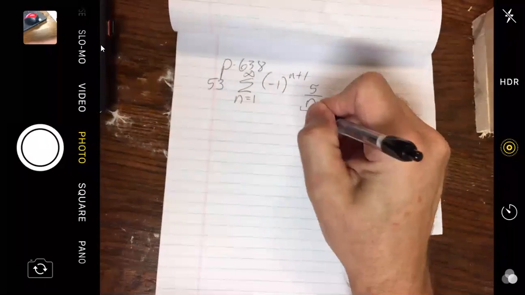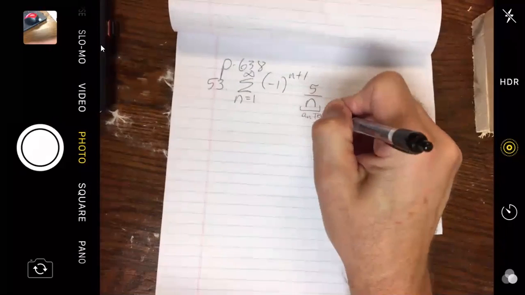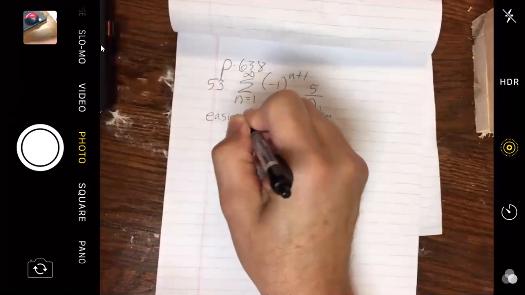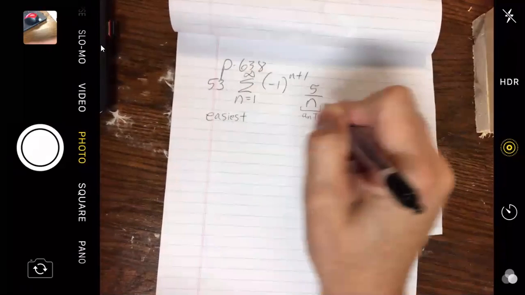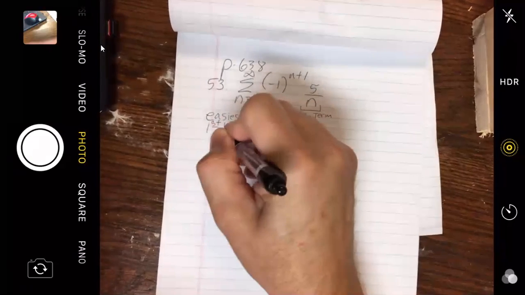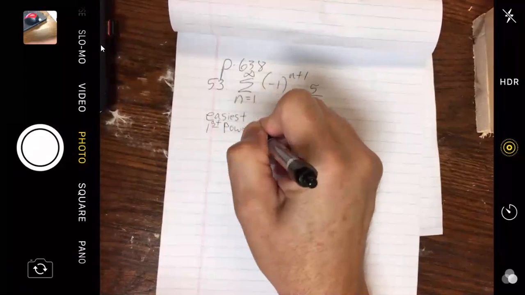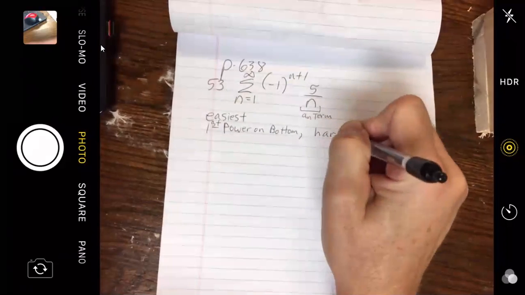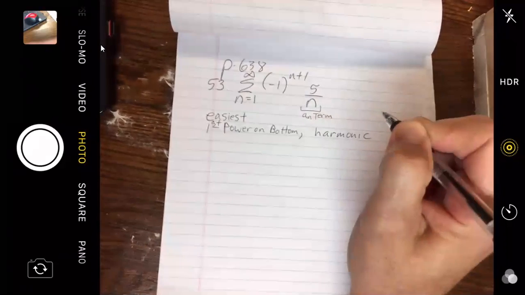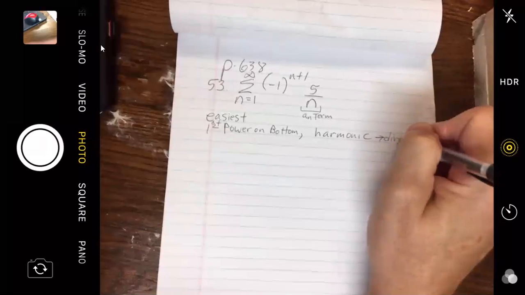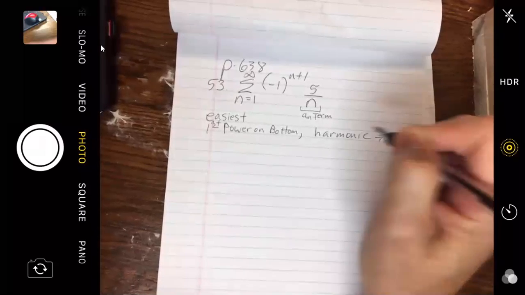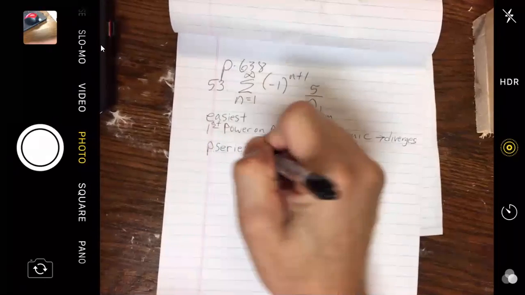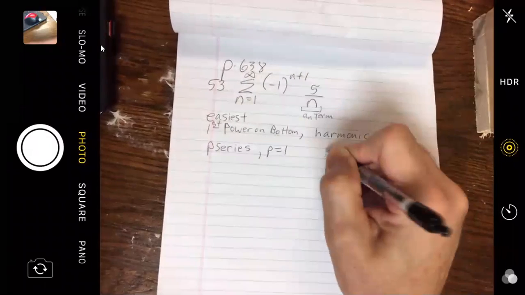Remember, this is the a_n term. So easiest is to recognize that you have first power on bottom. That makes this harmonic, which diverges. You could also say it's a P series with p equal 1. That means it diverges.